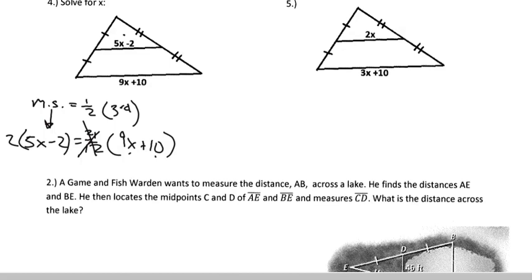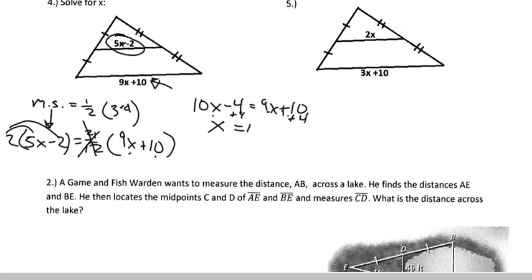So I decided to double that and set it equal to this. So double 5x minus 2. Don't forget to distribute, and you end up with 10x minus 4, which equals 9x plus 10. We solve that. Minus 9x is just x. Plus 4 is 14.